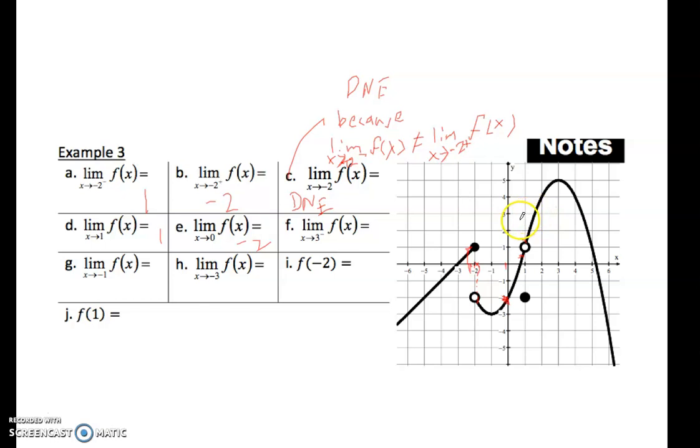And then I have the limit of 3 from the left. Now, this is nice and continuous. So as x approaches 3 from the left or right, you're having that y value at 5. And then we do the limit as x approaches -1. Again, nice and continuous here.